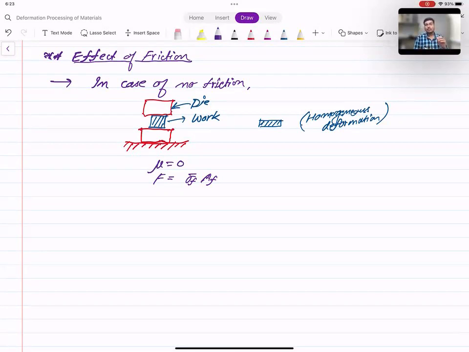This is also observed in the case of the compression test, if you have seen it. So barreling is also observed in case of forging.